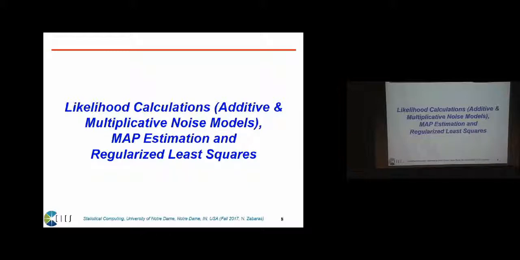So I'm going to be talking about point estimates, such as the MAP estimate, and why it comes out to be identical in spirit to this concept of regularized or penalized, if you like, least squares estimate.